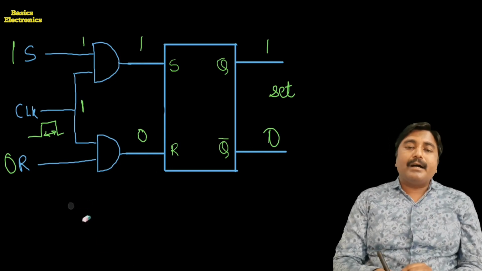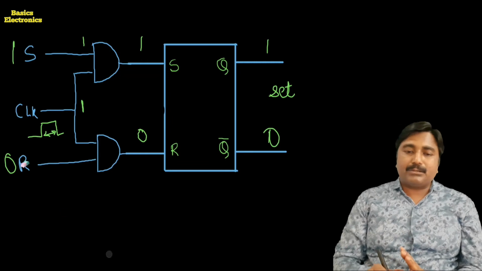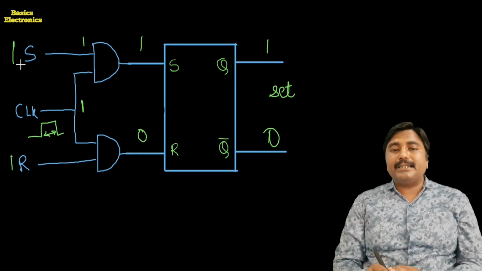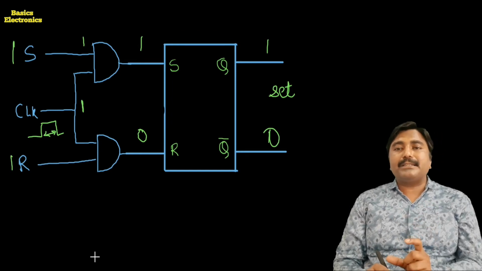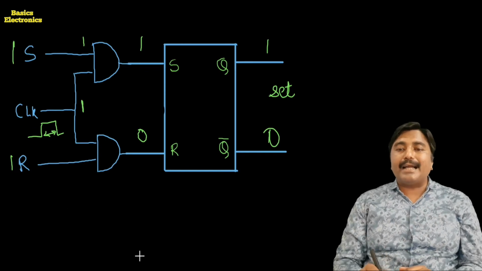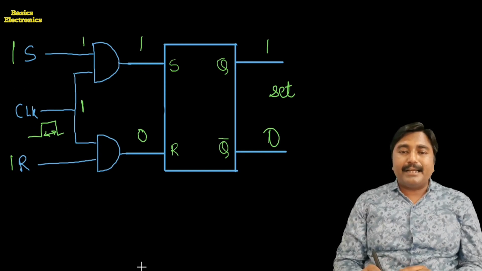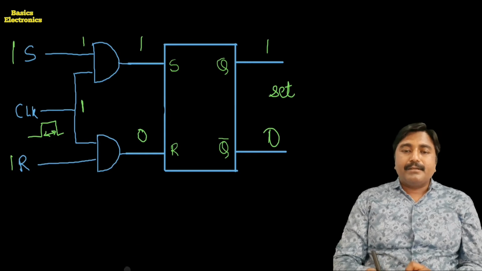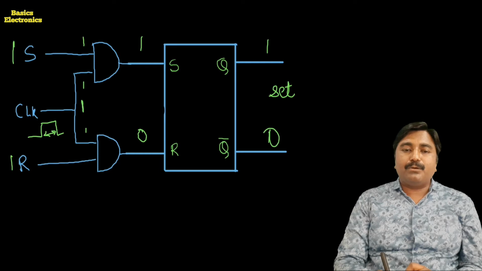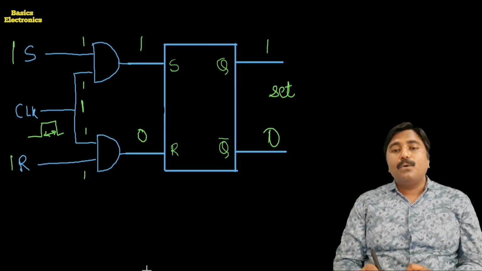Now again we consider the clock pulse equal to 1 and both S and R inputs are 1. The clock pulse equal to 1 means the clock pulse is in its high time. S equals 1 and R equals 1. Then the inputs for the upper gate are 1 1 and the inputs for the lower gate are also 1 1.